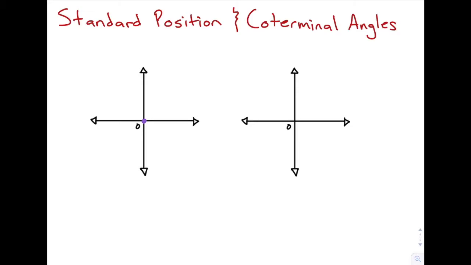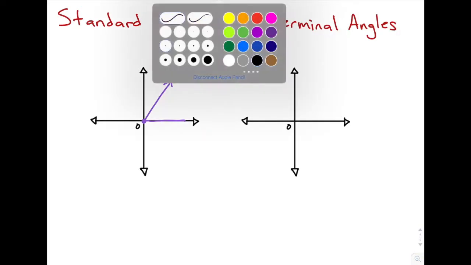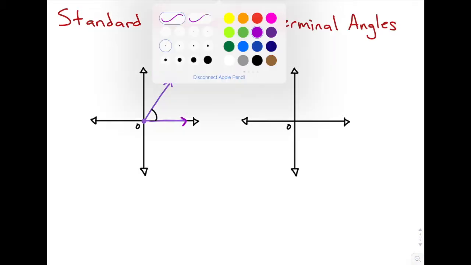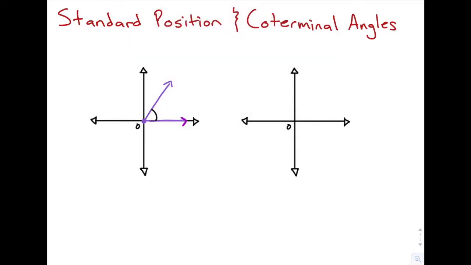What that means is that when we trace out an angle, we think of it as beginning at one place and ending at one place. So we might say that this is the initial side, and then we trace through an angle here. So the initial side would be this x-axis, and this would be the terminal side.